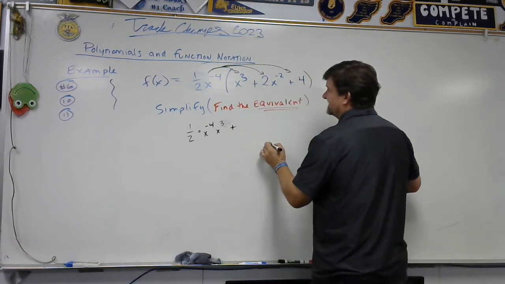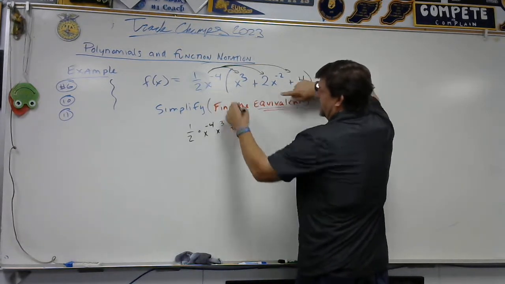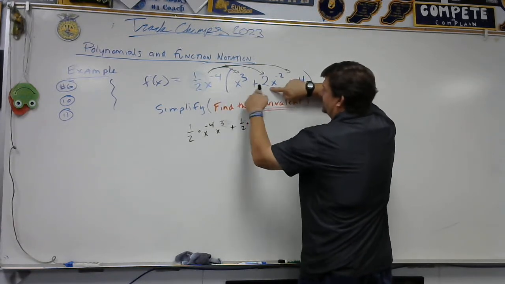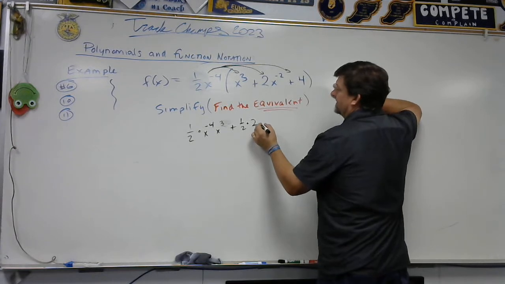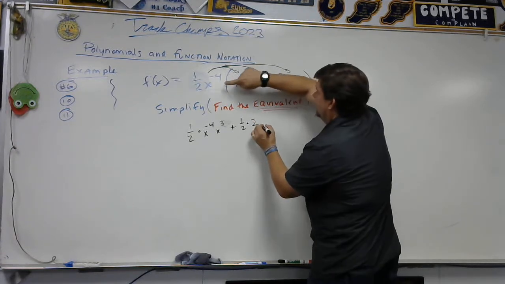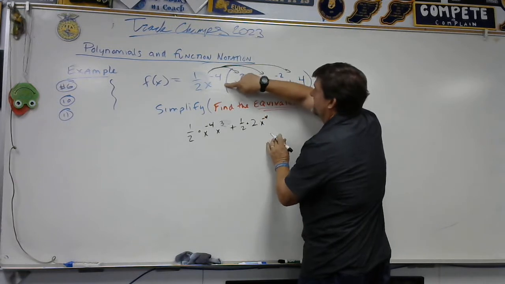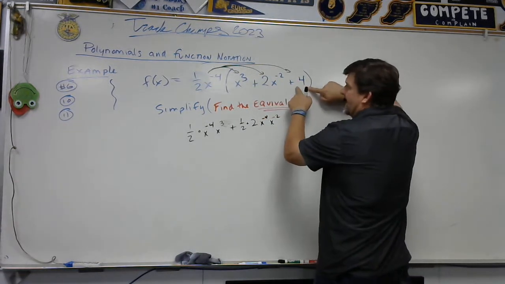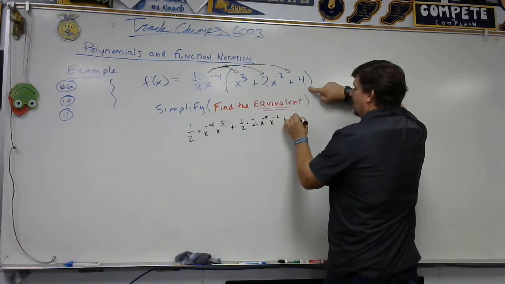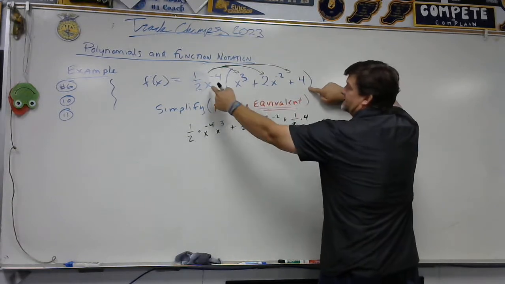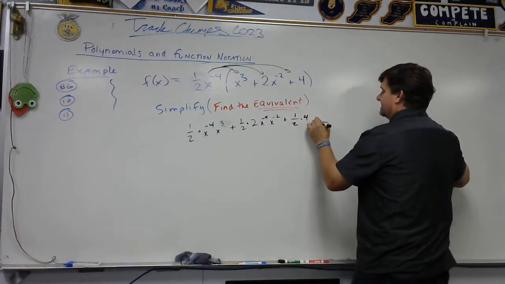I'm going to plus, do these two together. 1/2, I'm going to put the 2 out in front, so those two go together. 1/2 times 2, and then that's going to be times x to the negative 4th times x to the negative 2. And then my last one is going to be 1/2 times 4 times x to the negative 4th.